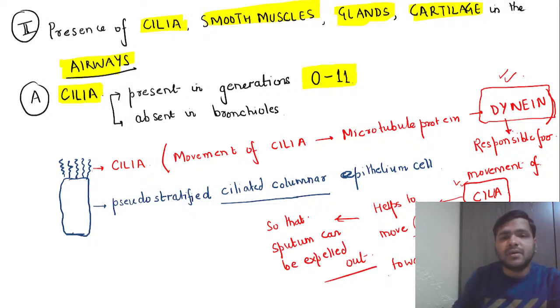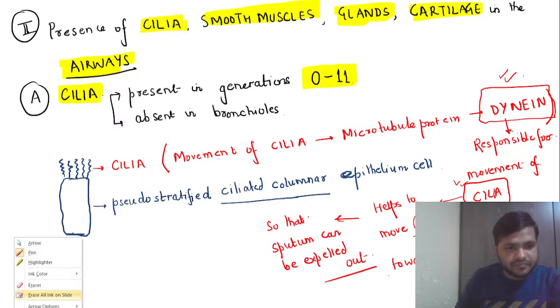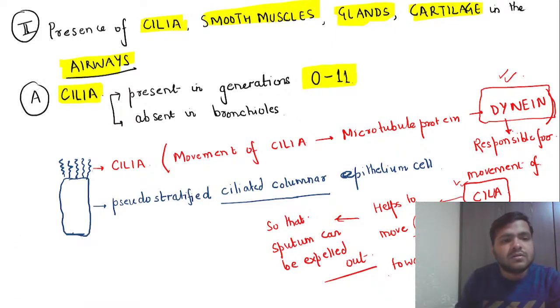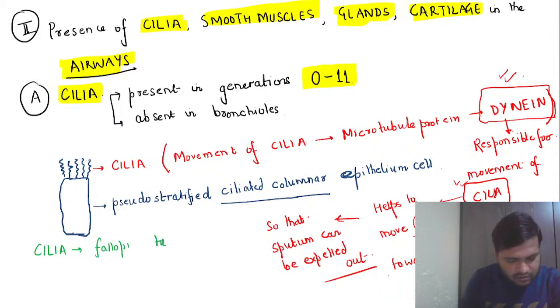Now remember that this cilia is also present in the fallopian tube, and along with the fallopian tube, it is also present in Hazira, Komod.